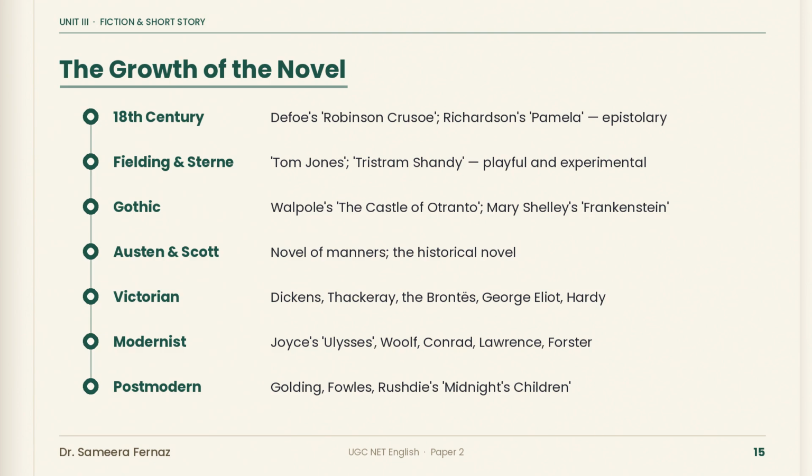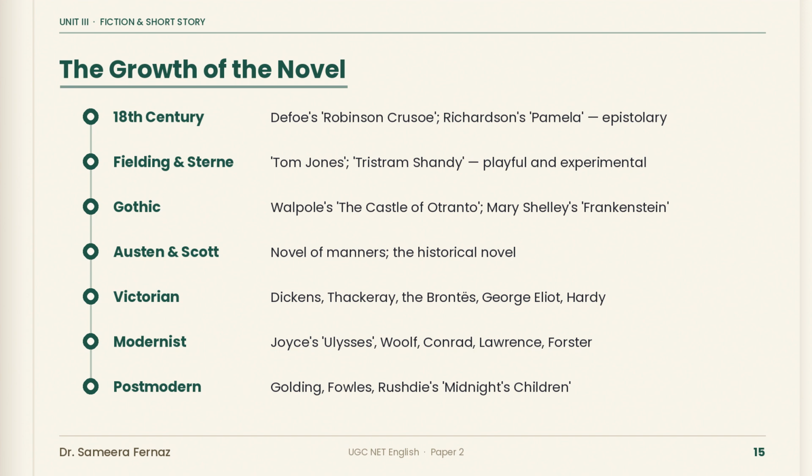In the 18th century, Defoe wrote Robinson Crusoe and Richardson wrote Pamela in the epistolary form, that is, in letters. Fielding gave us Tom Jones and Sterne gave us the playful, experimental Tristram Shandy. The Gothic novel begins with Walpole's The Castle of Otranto and includes Mary Shelley's Frankenstein.